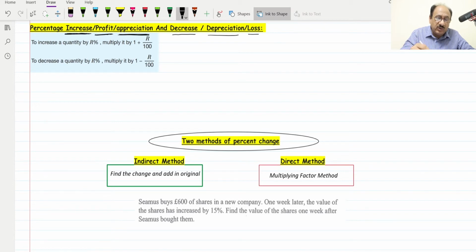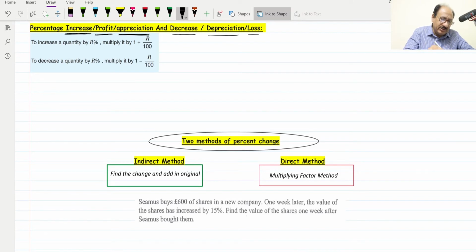So you have to identify whether it is an increase or a decrease in value. Most of the questions mention these words, so accordingly you will have to use the formula.